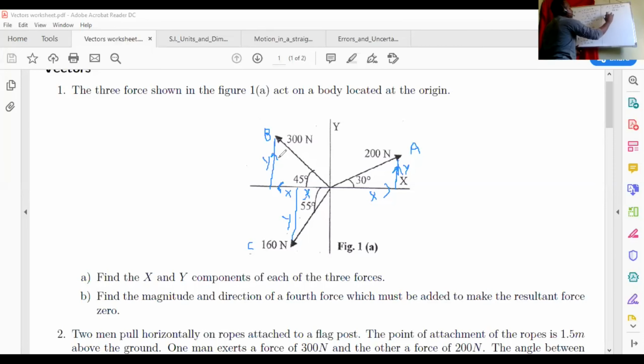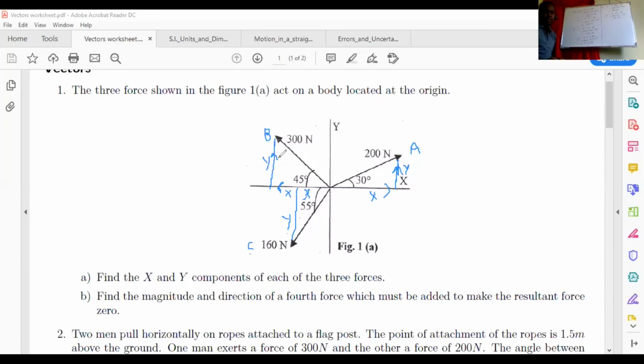Your y is F sine theta, which is 160 sine 55, which is equal to 131 newtons.